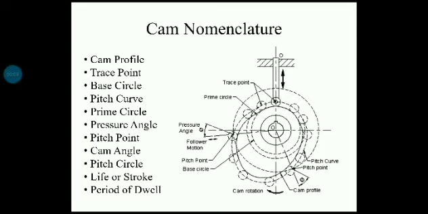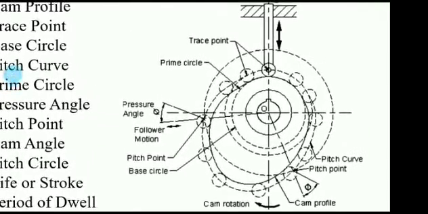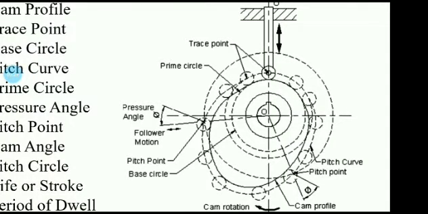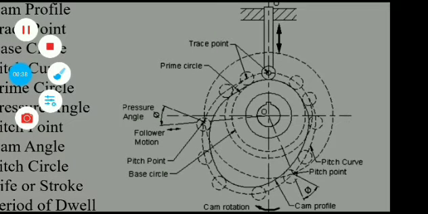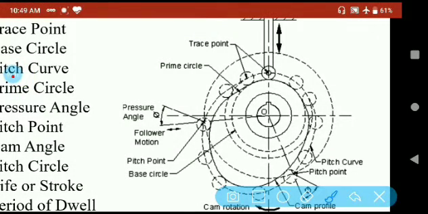Now we will discuss the cam nomenclature. These are some of the terms used regarding cams that will be useful in the coming classes. The first point is the cam profile. Cam profile is the surface of the cam which is in contact with the follower. You can see from this figure, this is the cam profile.